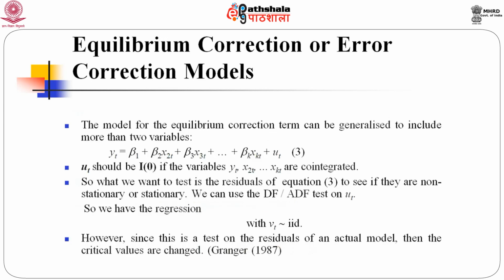So, for the k variable case, yt equals beta 1 plus beta 2 x2t plus beta 3 x3t plus ut. So, ut will be I0 if the variables are co-integrated, and you obtain the residual of the regression, and if you see that the residual of the regression follows I0, then you say that you have a co-integrating relationship.